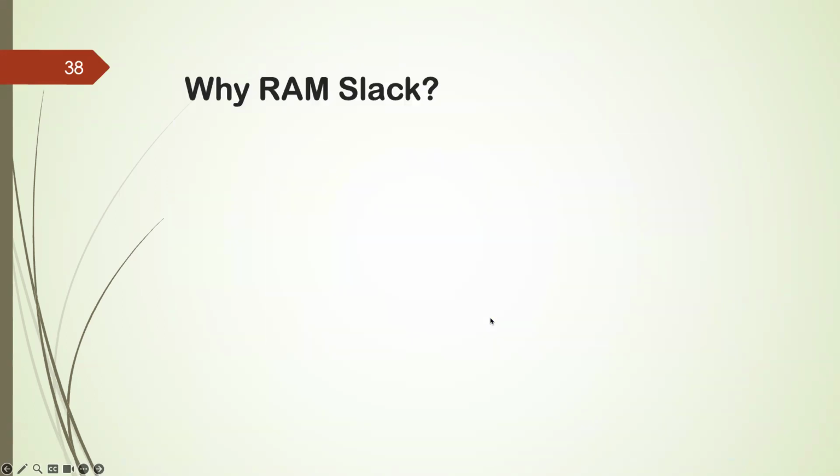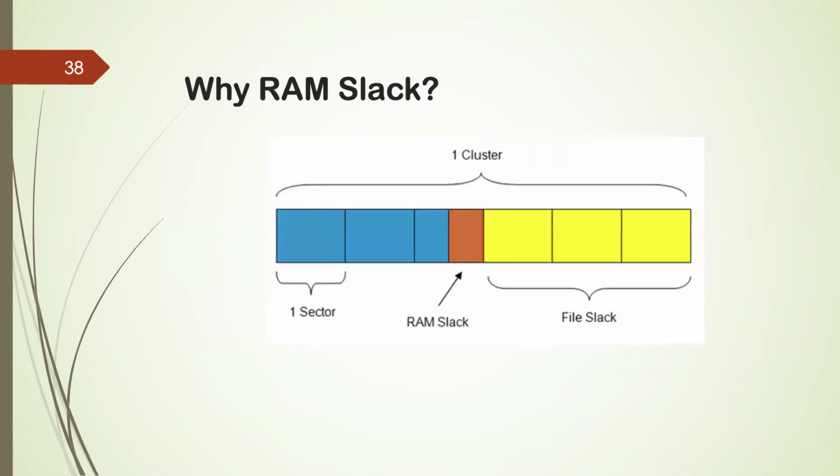Before we go into detail, you have to go back to the previous lectures. I mentioned that when you open an application like Microsoft Word, by double clicking on it, that application is pulled into your RAM, the volatile memory of your computer.